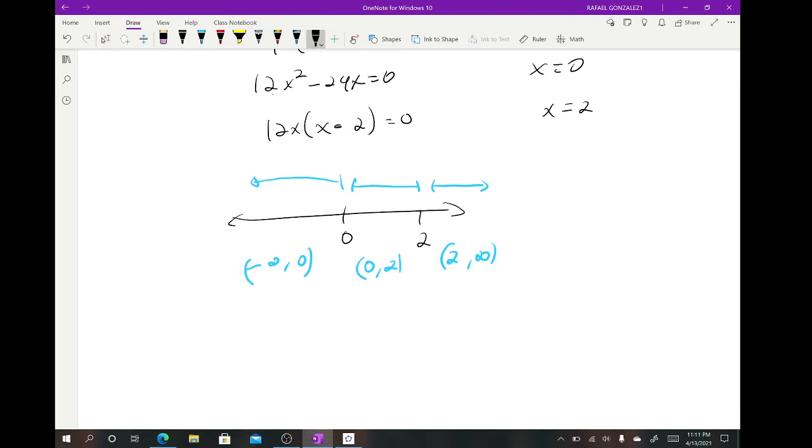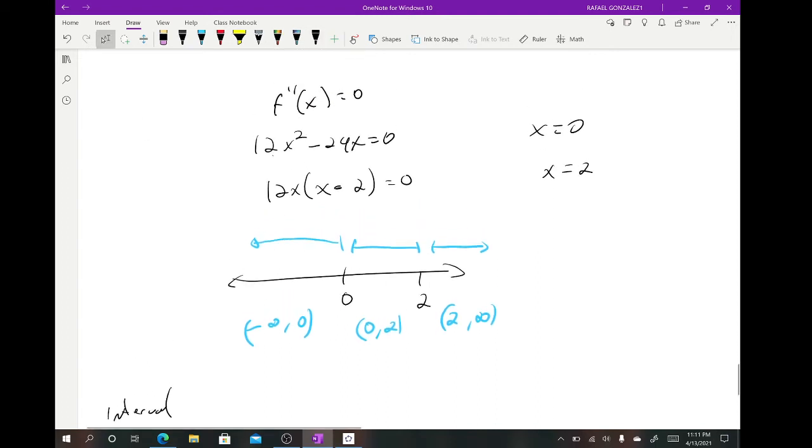So once again, we could make a table to find out the concavity of the function. We found the x values for the points of inflection, so I'm just going to call them x values for points of inflection.